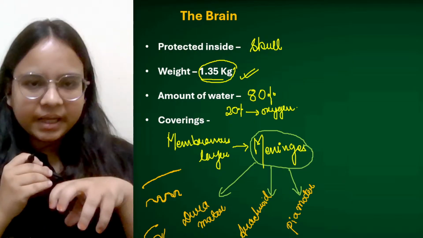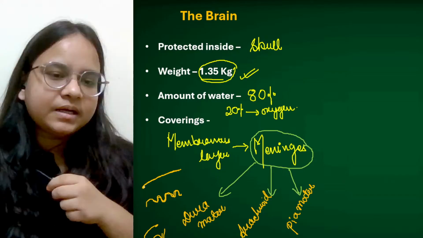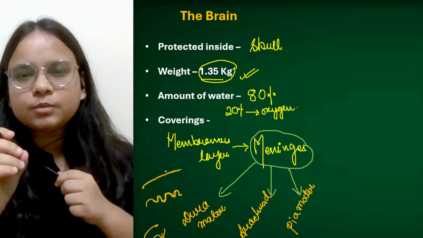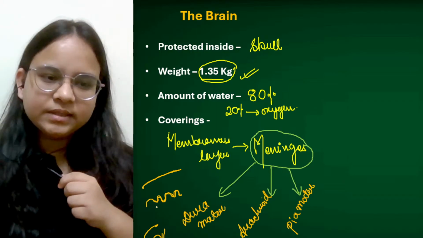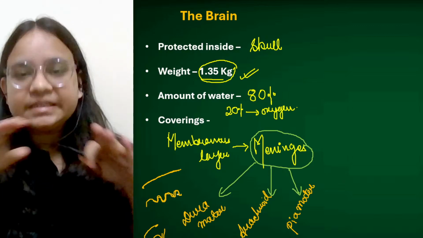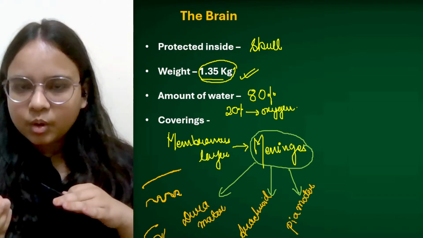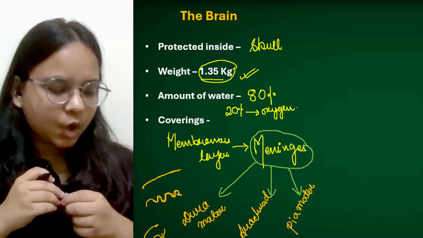If the brain had a smooth surface, it could have accommodated only a few neurons. But since it has foldings, it has increased its surface area and can accommodate more and more neurons inside it. So this is the reason that the brain has convolutions.